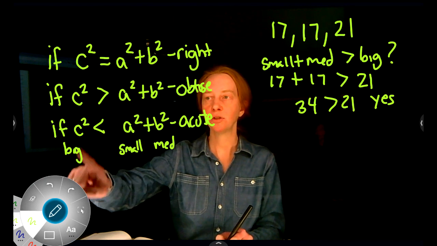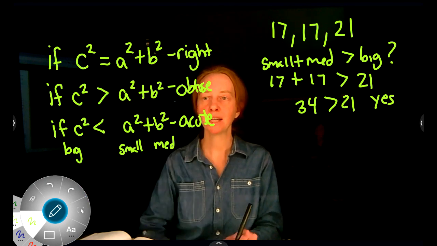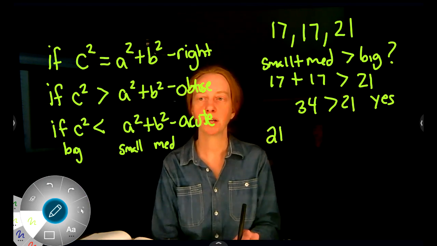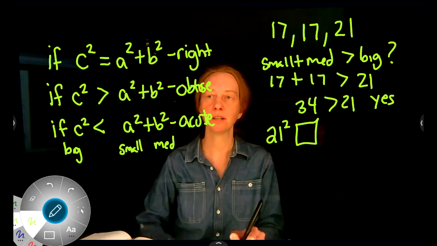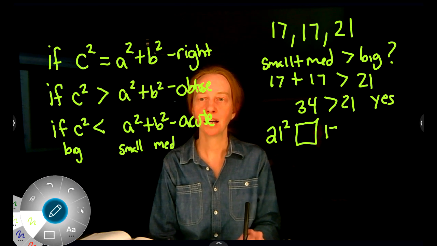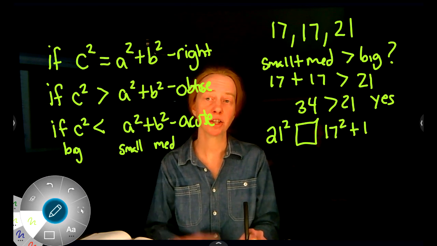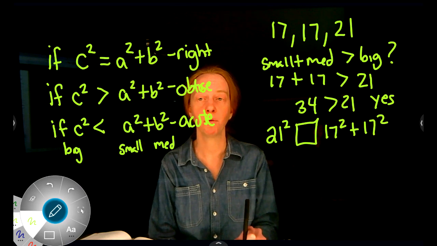Let's find out what type. So now I'm going to do this formula. My biggest one, that's the 21. I'll do 21 squared, and I'm going to put a square because I don't know which symbol this is. And then I'm going to do my small and medium. It turns out they're both the same, so it doesn't matter what order.